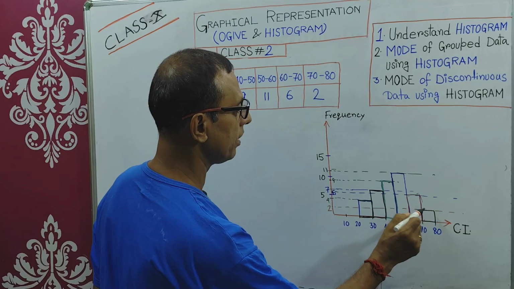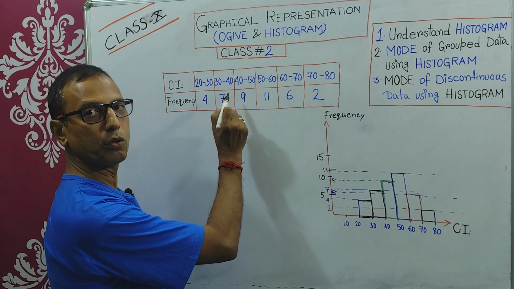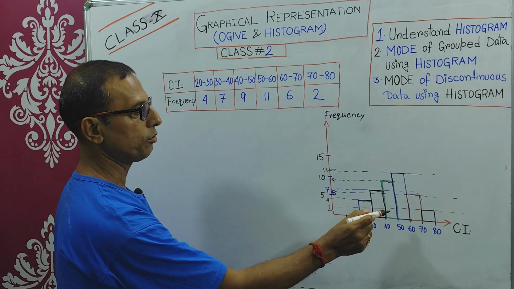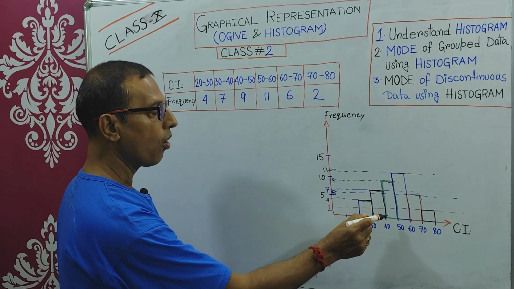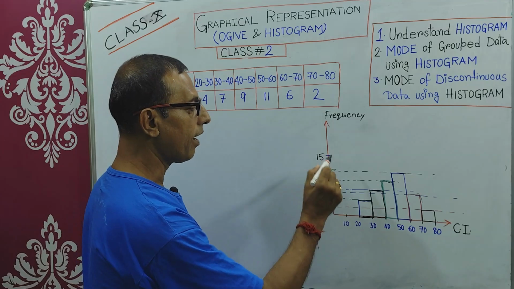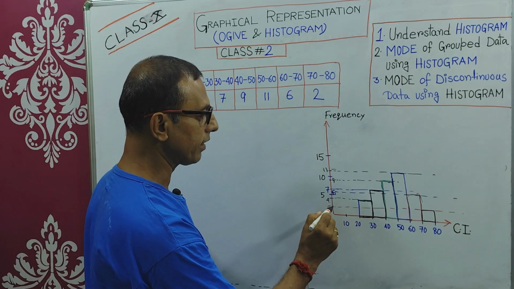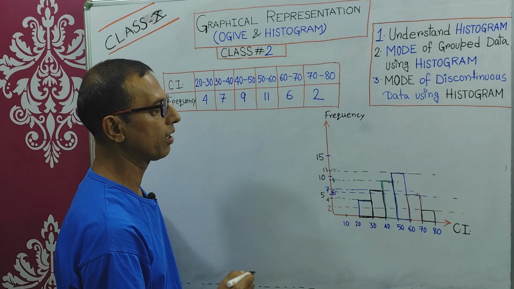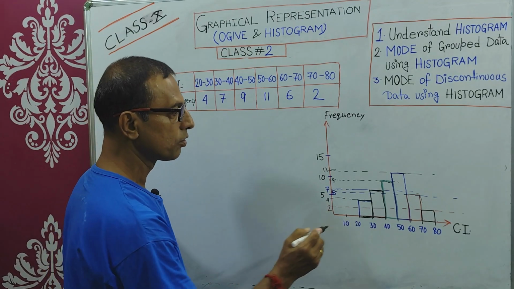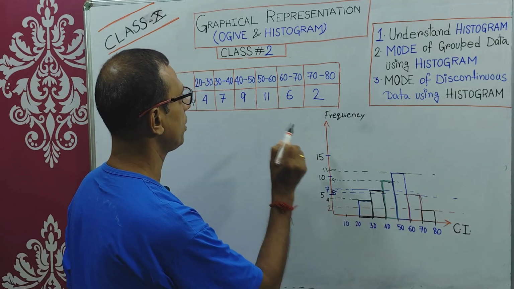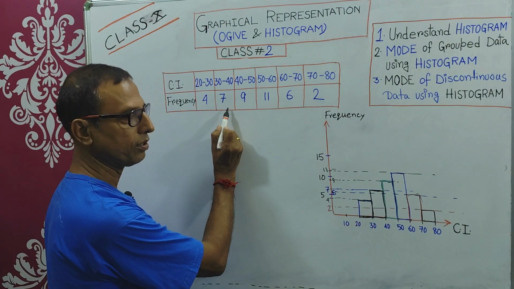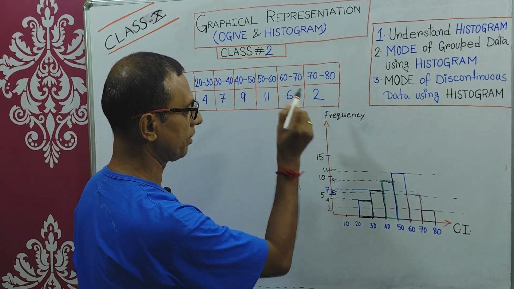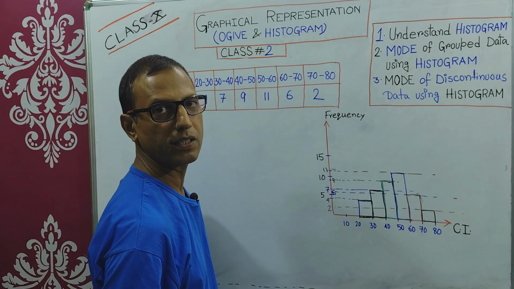And 70 to 80. Either you will be asked to represent the entire data set in histogram form, or you will be given graphically the x-axis and y-axis values and the intervals, and you need to find the tabular form of the continuous data. So either from the table you need to form the histogram, or the tabular form is given with the continuous data set and you need to generate the histogram.